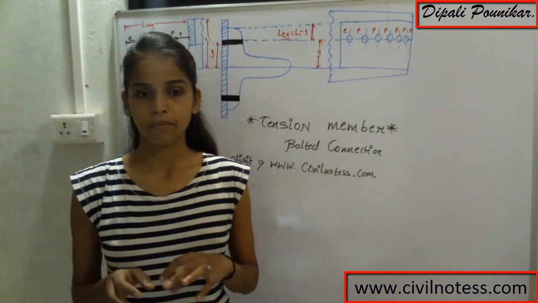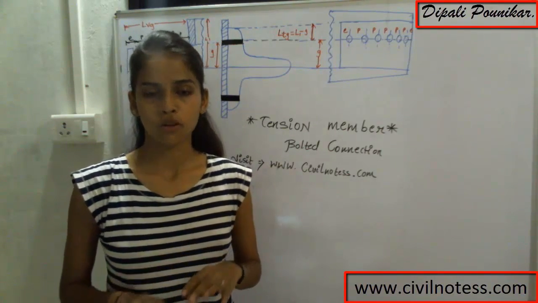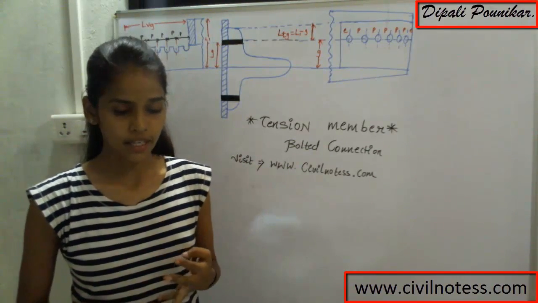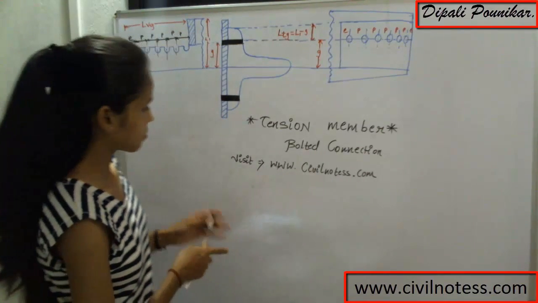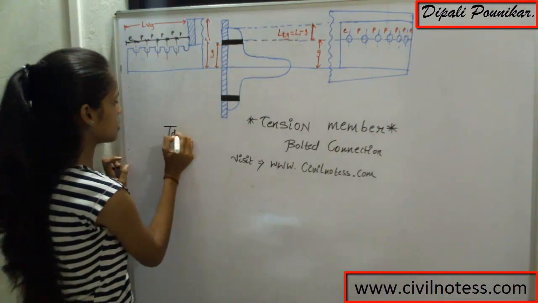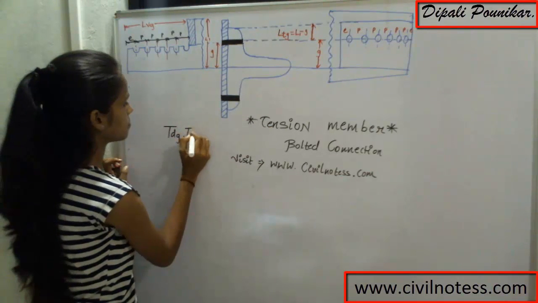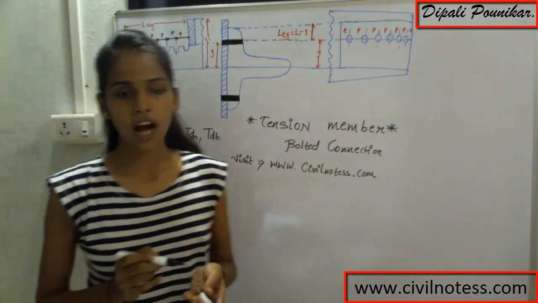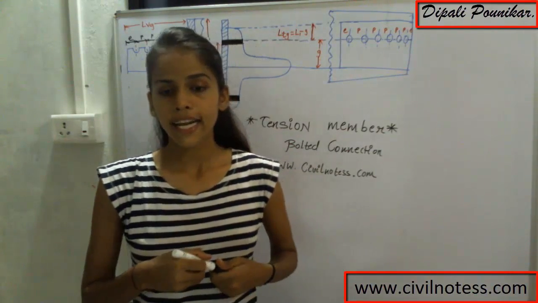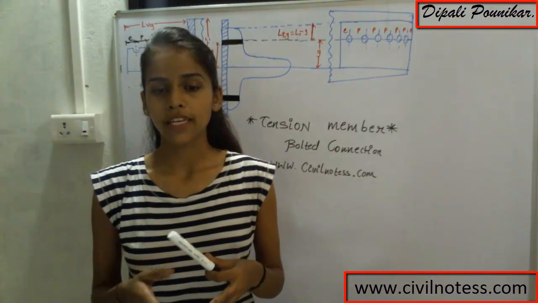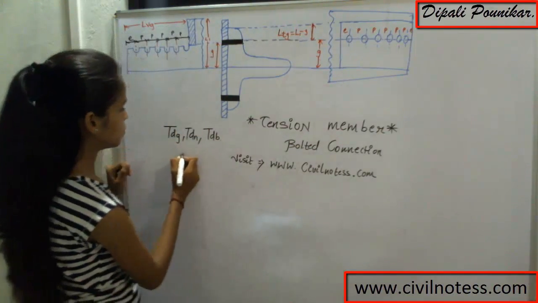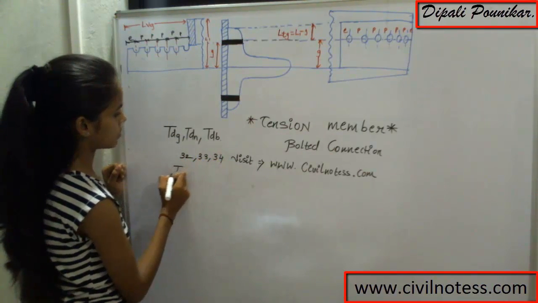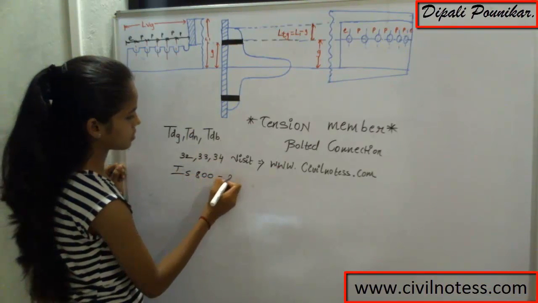This is for the LSM, and WSM does not exist anymore. In IS code 800-2007 there are design steps for TDG, TDL and TDD. After that, for the rupture, critical angle section or plate, lots of things are given on page numbers 32, 33 and 34 in IS 800-2007.